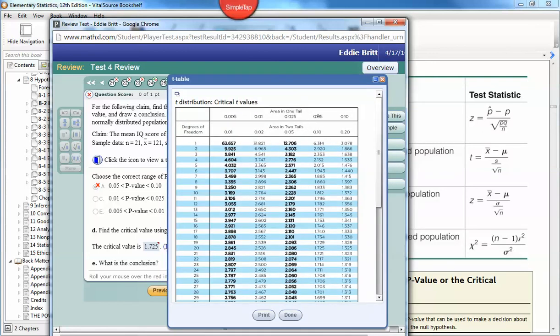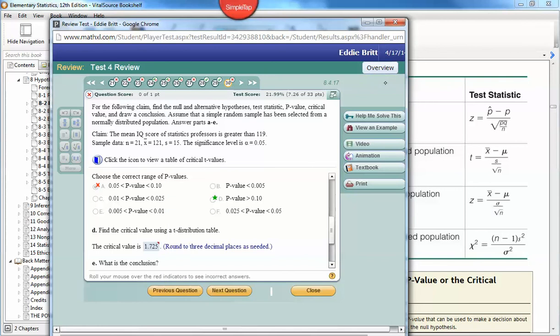So 0.05 in how many tails? One tail, because it was right-tailed. And then 20. So there's my answer right there. One-tailed, 20 is 1.725. So my critical value, 1.725.